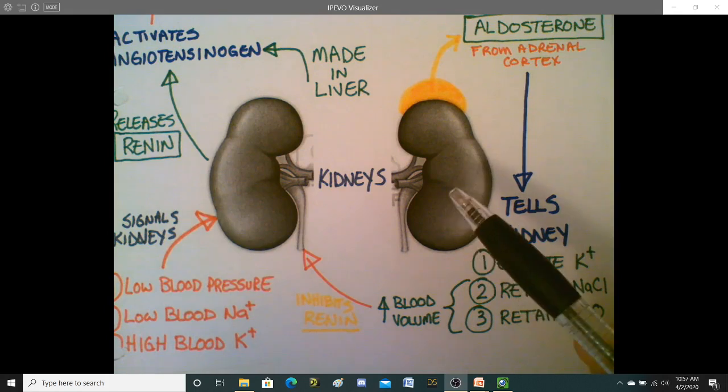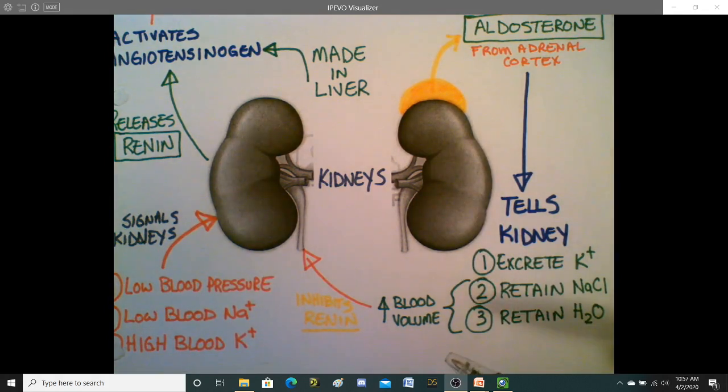We don't want a lot of potassium in our body. It can cause all kinds of bad problems. You can go into comas, and it messes with your action potentials. So we got to dump that potassium. And this is how it's done with what we call the renin-angiotensin-aldosterone reflex.